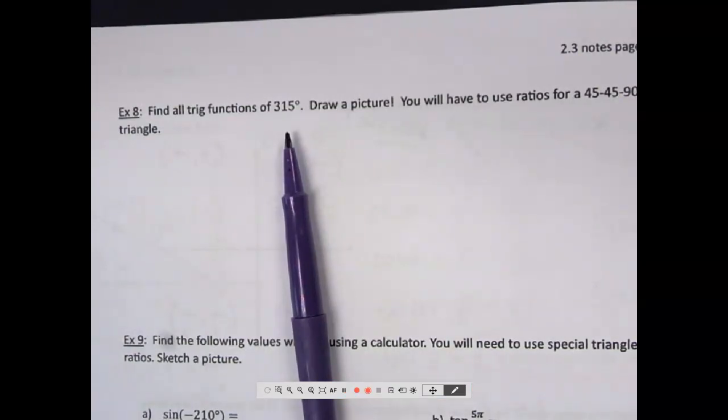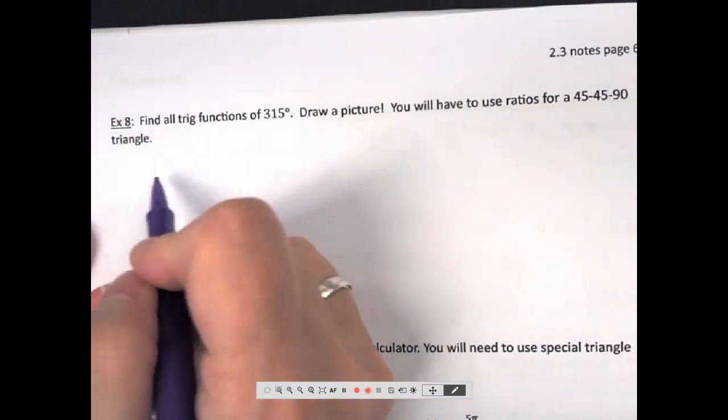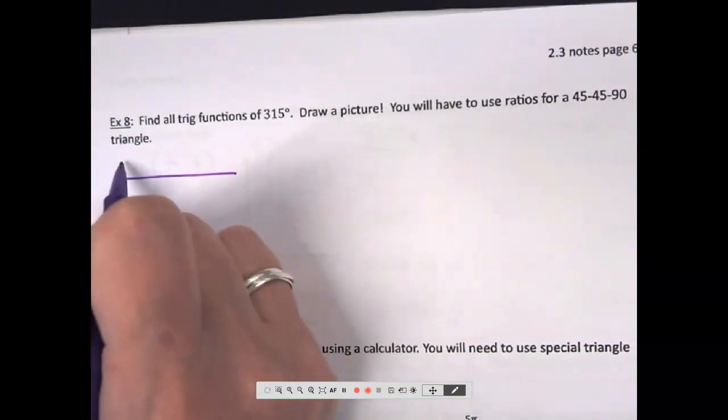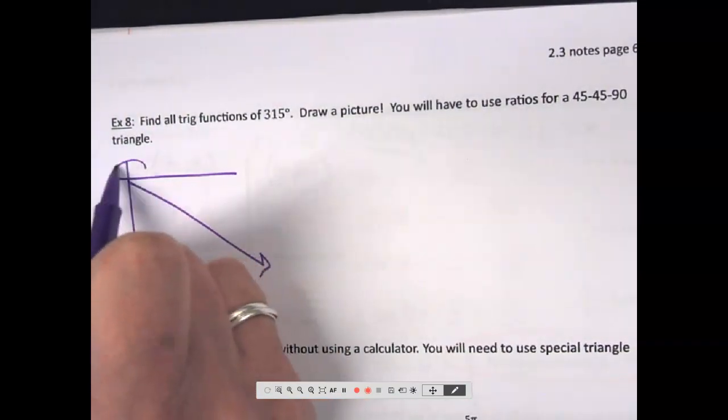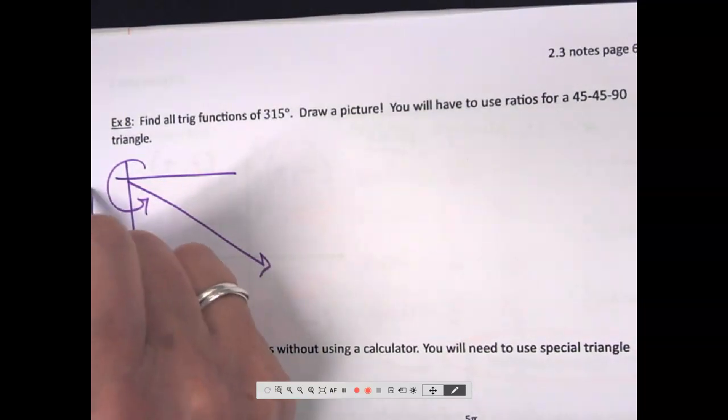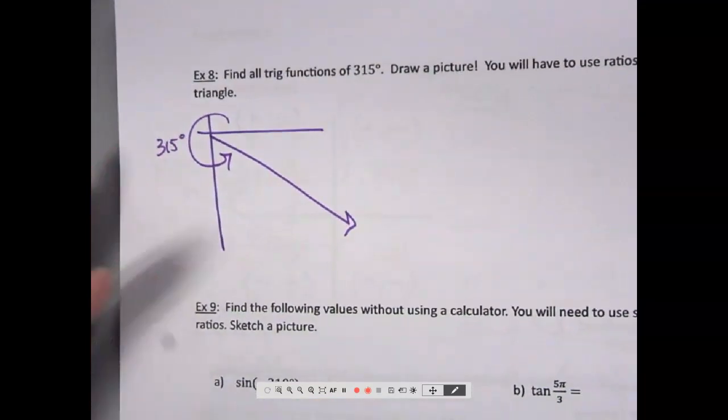Remember, we start here, and if it's a positive angle, which way does it rotate? Counterclockwise. So if I go counterclockwise 315, I end up in which quadrant? Quadrant 4. Okay, so I have rotated 315 degrees.